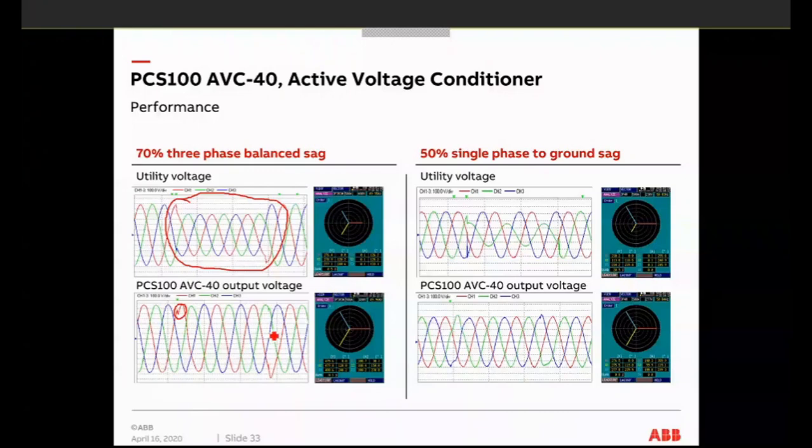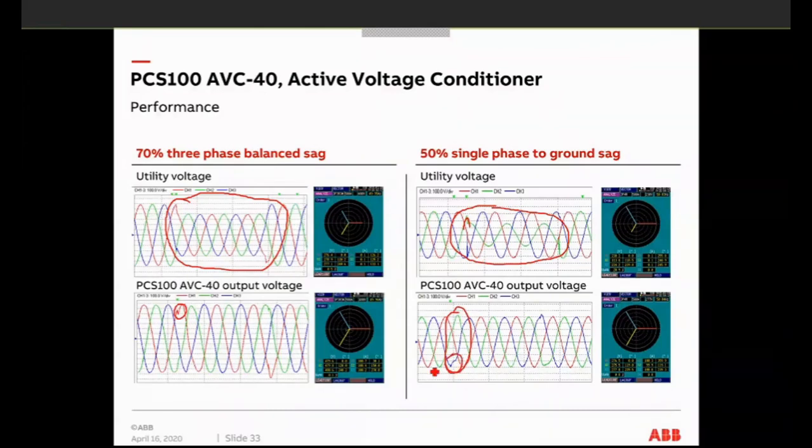Okay, the single phase correction will only take half of a cycle. Okay, so since there is a problem in the single phase and also a phase imbalance, this is also being corrected here. Okay, this is what the product can do for you.